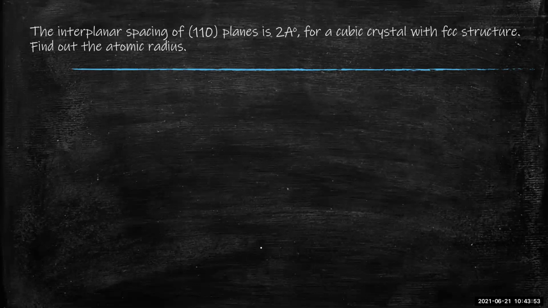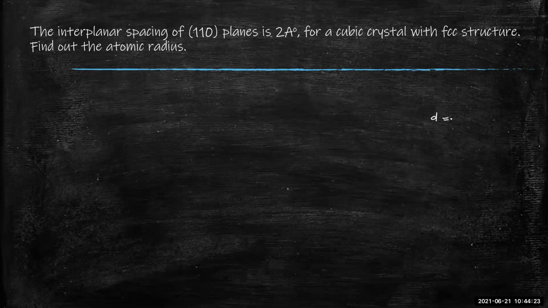The next question is, the interplanar spacing for the 110 plane is 2 angstrom for a cubic crystal with FCC structure. Find the atomic radius. Here the planar spacing is given.